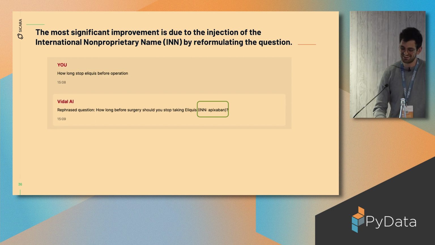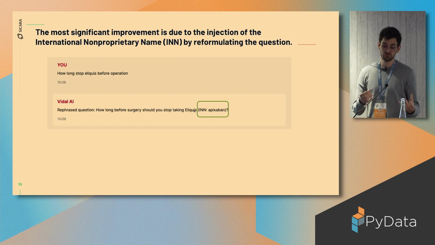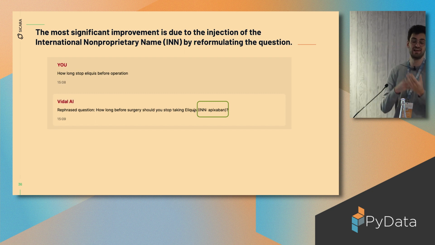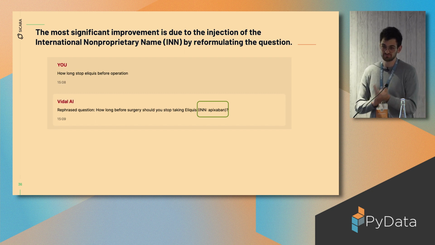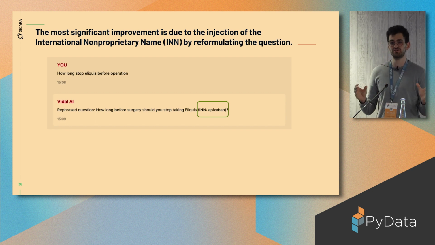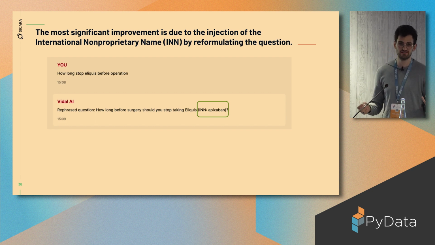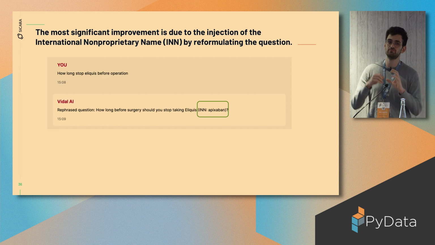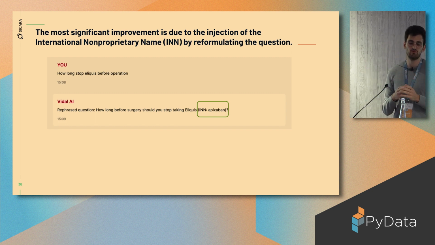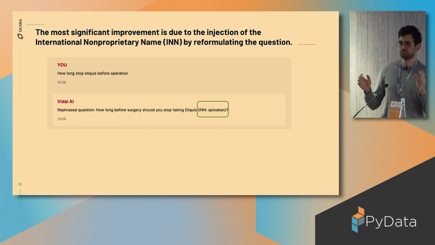And so basically, Eliquis here is a brand name. You ask the LLM to input the INN as well, and it adds much more information to the retrieval context, because embedding models are much smaller models than LLMs, trained with much less context.